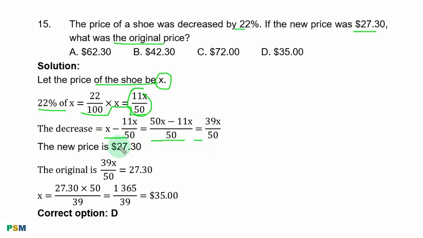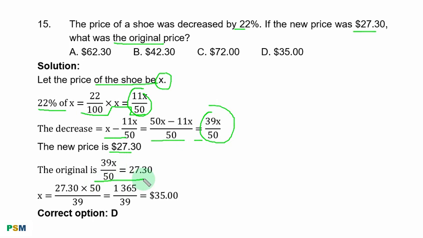The new price is $27.30. To find S, you have to equate the decreased amount to the new price. You have it in this form.